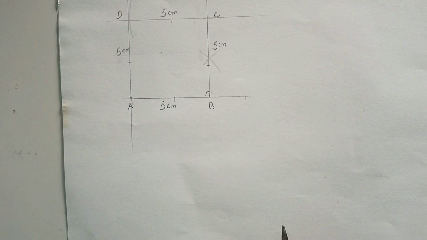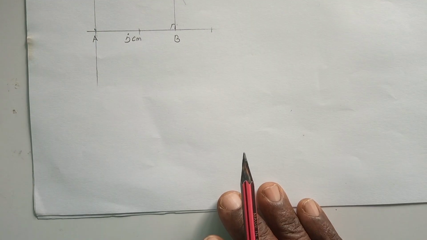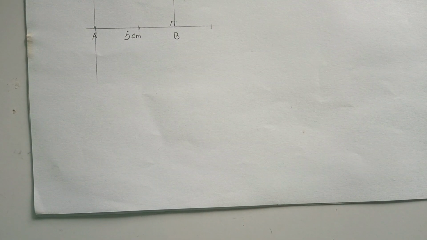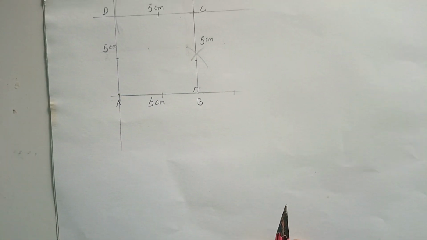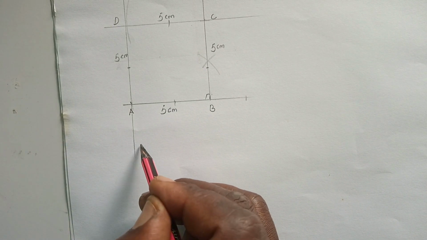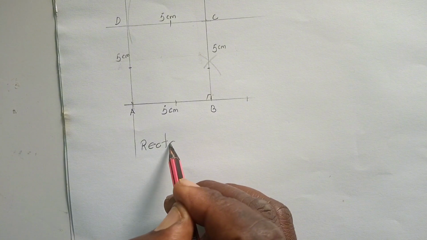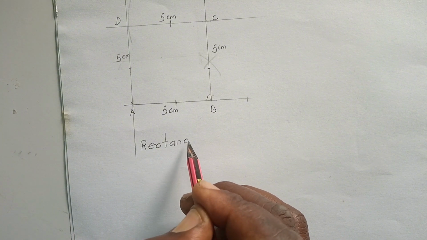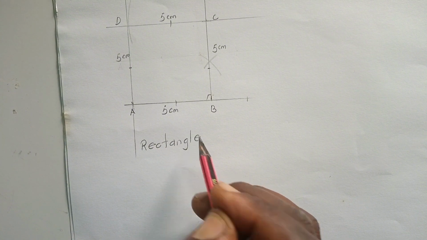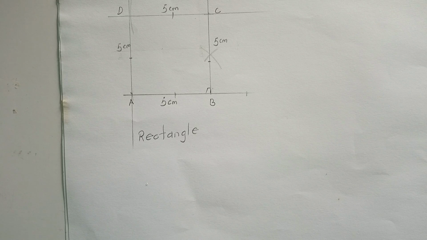Next, we are going to construct a rectangle. So our construction number 2 is our rectangle. And the measurements are 5 centimeters by 3 centimeters.